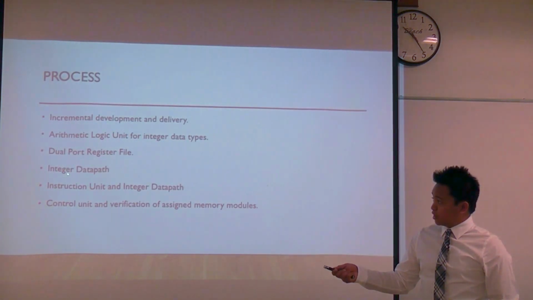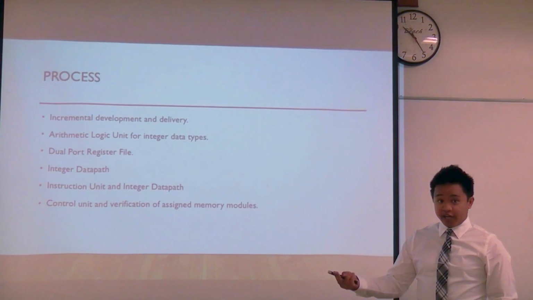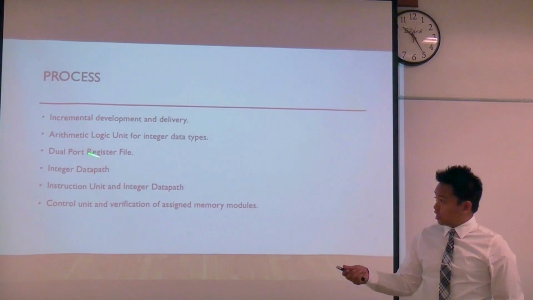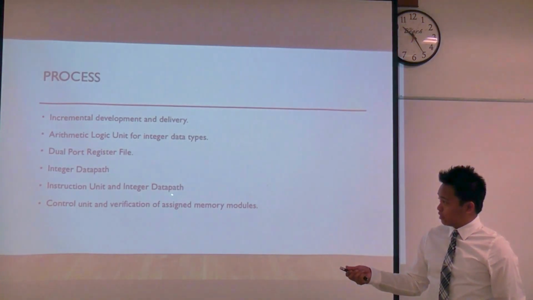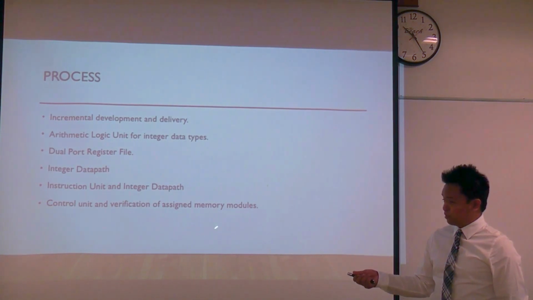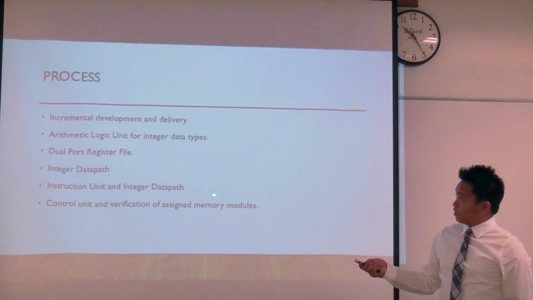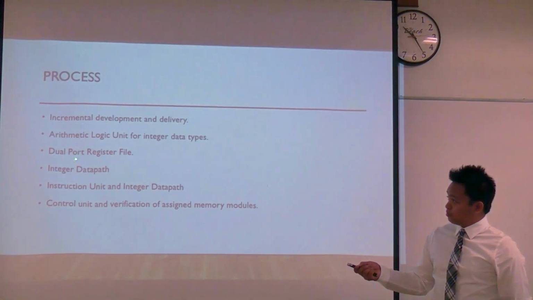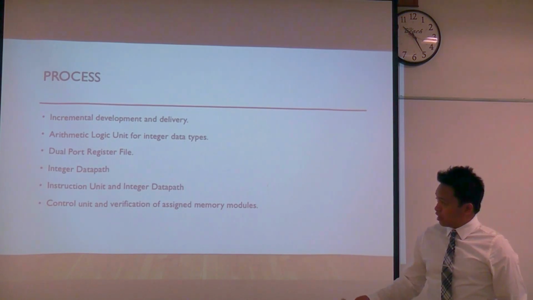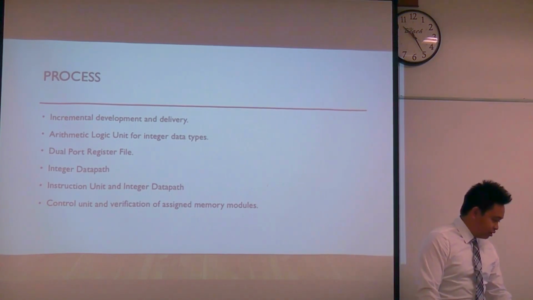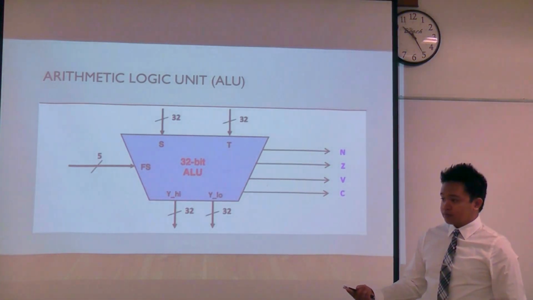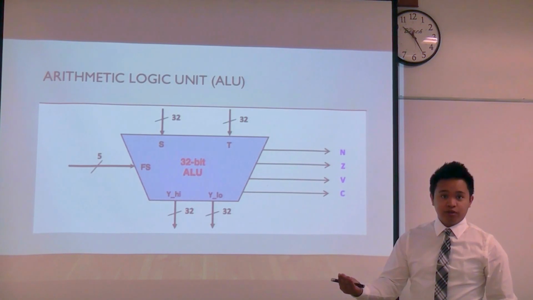Then we implemented the integer data path, and then we designed an instruction unit and enhanced our integer data path, and then we created the control unit and verified using assigned memory modules. Now this was delivered maybe in 2-week increments, and the whole process was just to teach us about what it's like to almost rapid prototype.